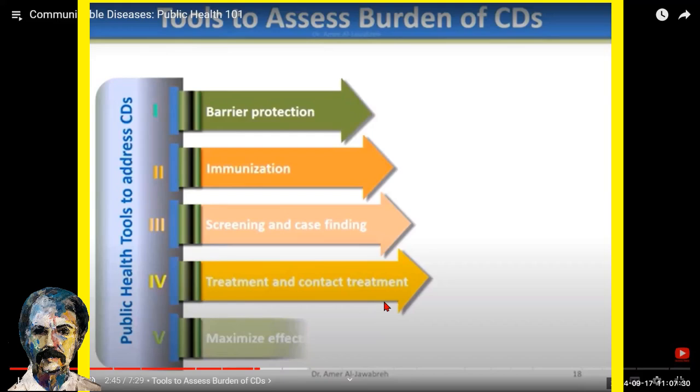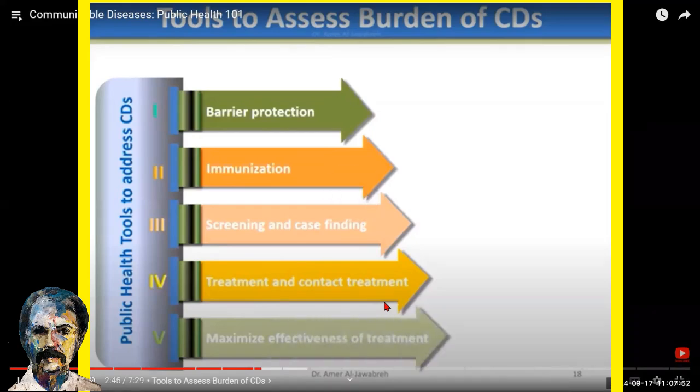And not only for the child, for the whole family, the father, the mother, the brothers and sisters. This we call prophylaxis or prophylactic treatment. We give the patient and those around, the family usually. So this is treatment and contacts. We treat the contacts of that patient.